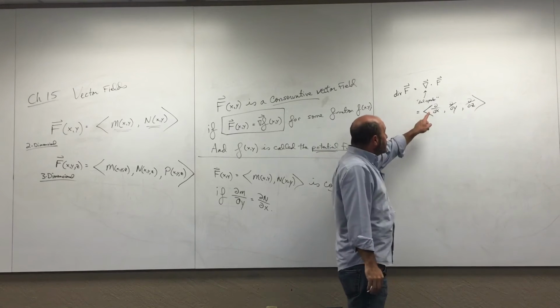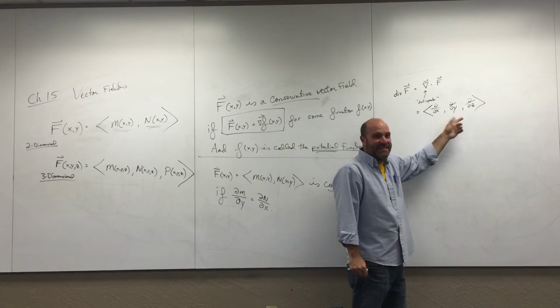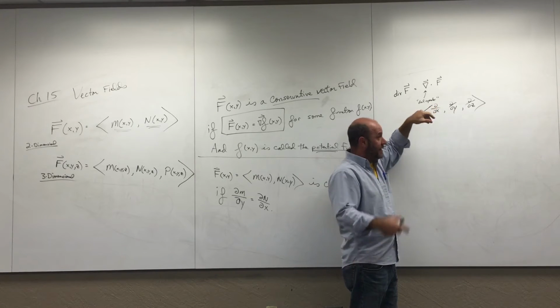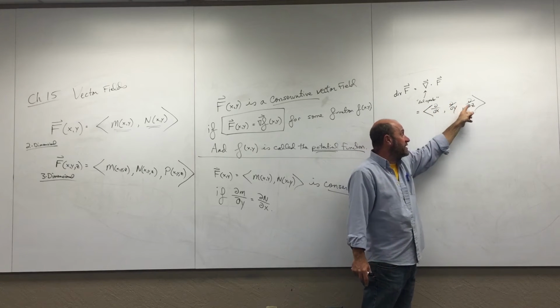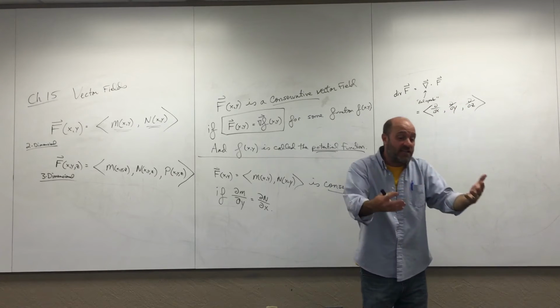But notice, it's not differentiating anything. It's just an operator that says it's going to do the partial derivative of something with respect to x, y, and z, but it's not doing the derivative of anything yet until it acts on something.